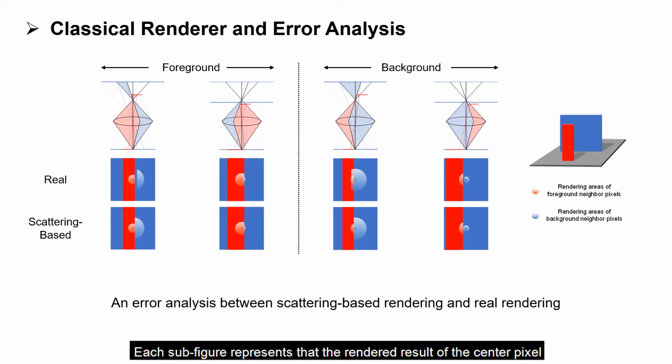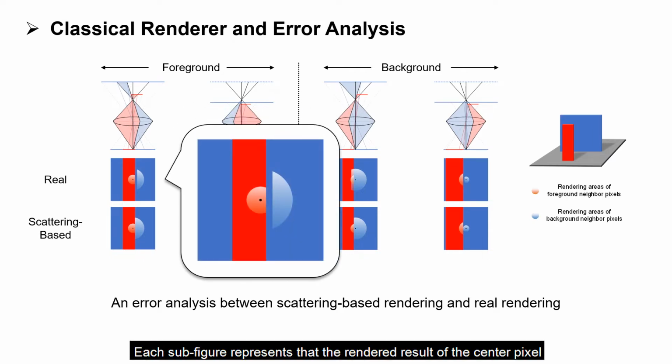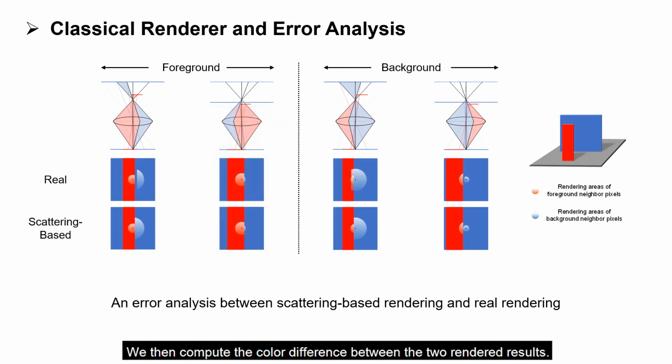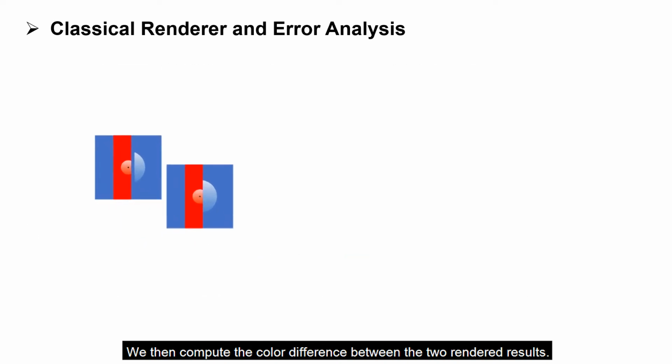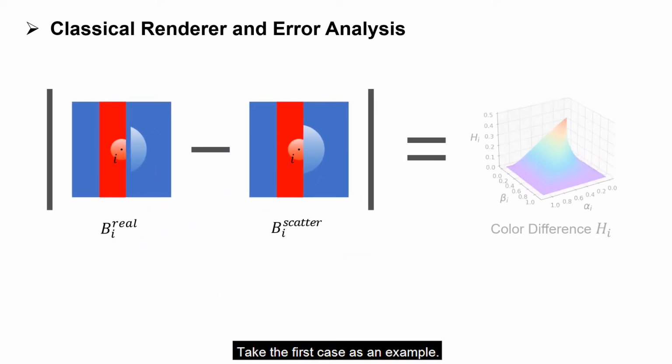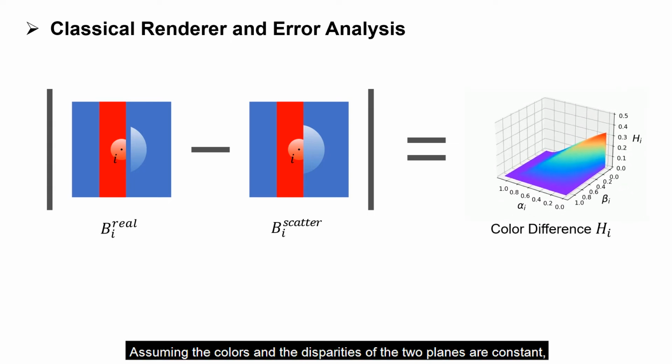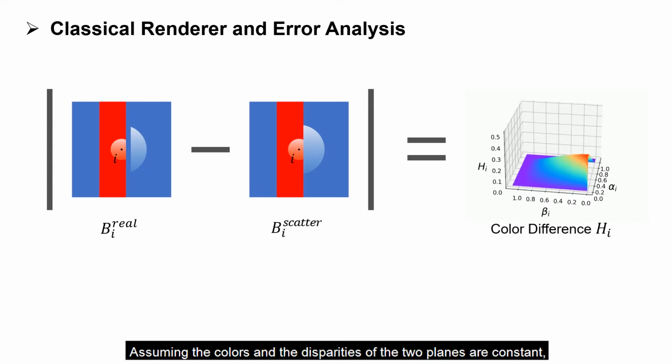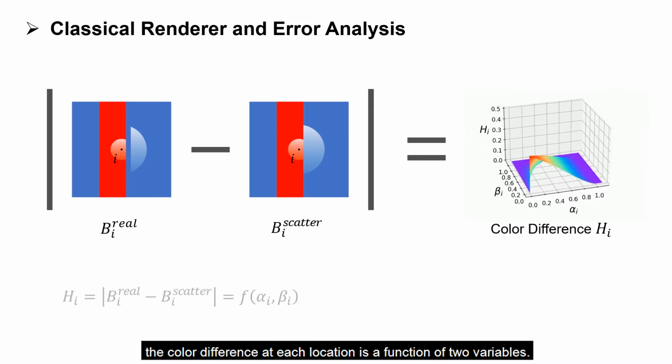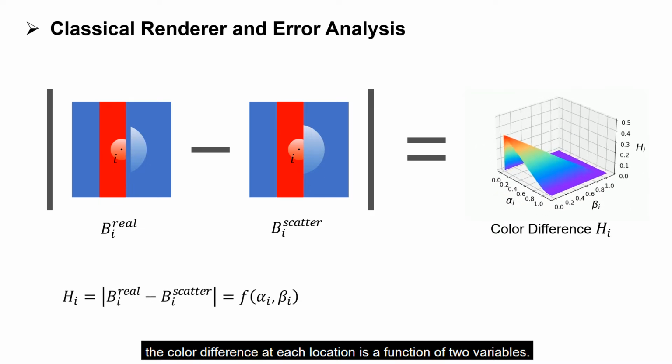Each subfigure represents that the rendered result of the center pixel is the integration of its neighbor pixels inside the transparent color areas. We then compute the color difference between the two rendered results. Take the first case as an example. Assuming the colors and the disparities of the two planes are constant, the color difference at each location is a function of two variables.